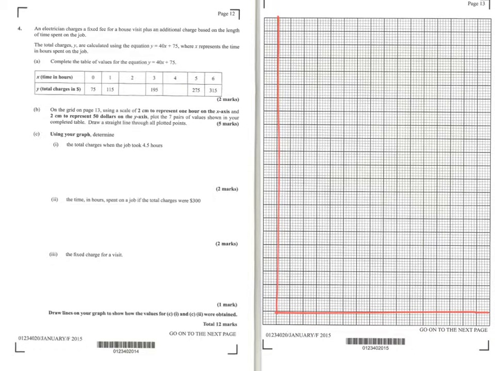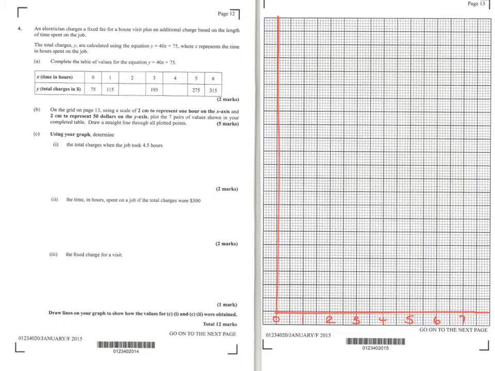So on the x-axis, it's 2 centimeters to every hour. So 0 hours, 1 hour, 2 hours, 3 hours, 4 hours, 5 hours, 6 hours, and 7 hours. So every 2 centimeters, we have put in 1 hour.